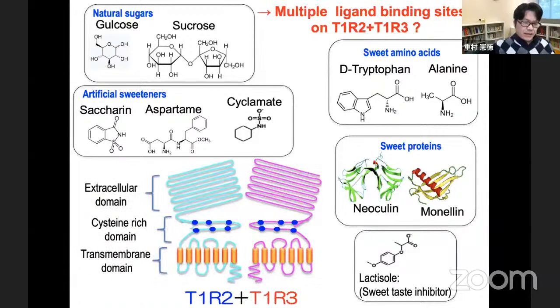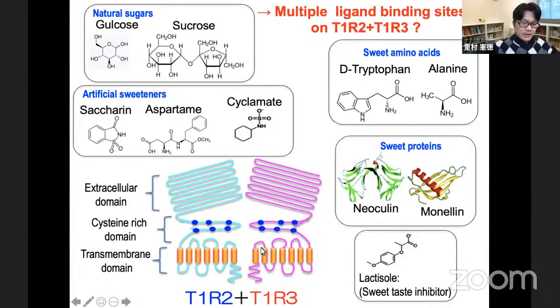As I mentioned, a characteristic of these T1Rs is a long extracellular region. And T1R2 and T1R3 form a heterodimer. So this has two long extracellular regions and two transmembrane domains.